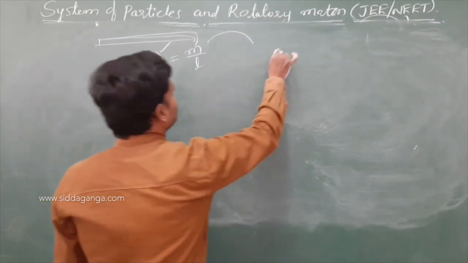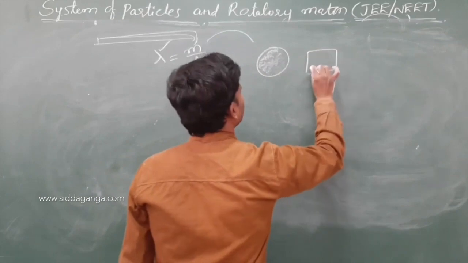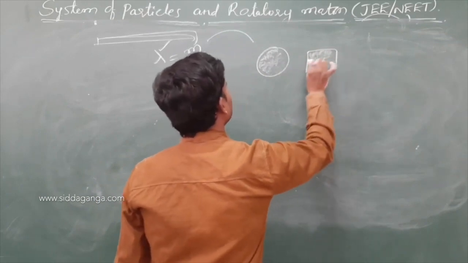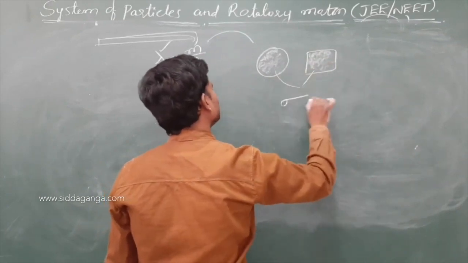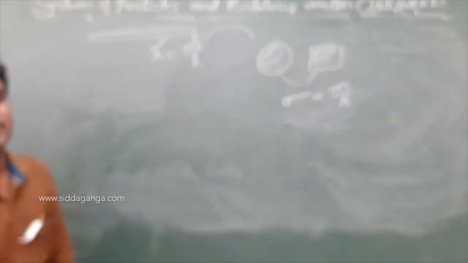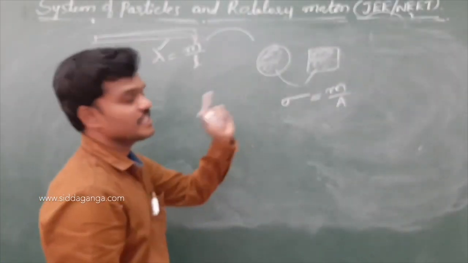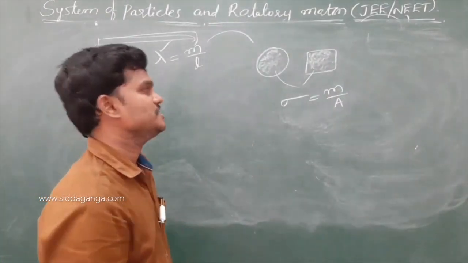For areal objects, meaning disc, plate, these are the areal type objects. For these, use sigma, nothing but mass per area, the surface mass density.